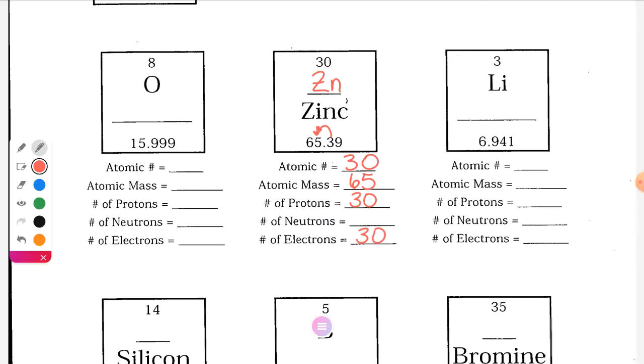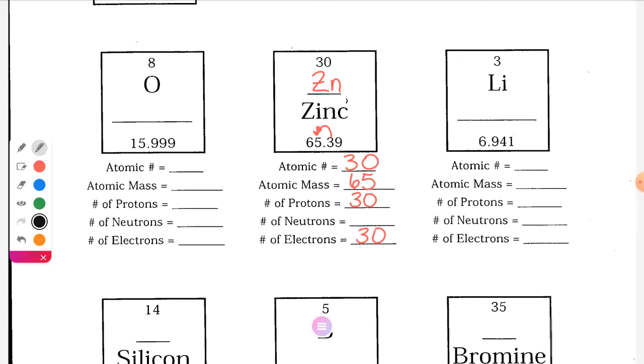We are always going to have to do some math. Math is involved in either neutrons or mass, depending on which one we're looking for. So, what do we know about neutrons, Hutley? Protons plus neutrons equals the number of atomic mass.